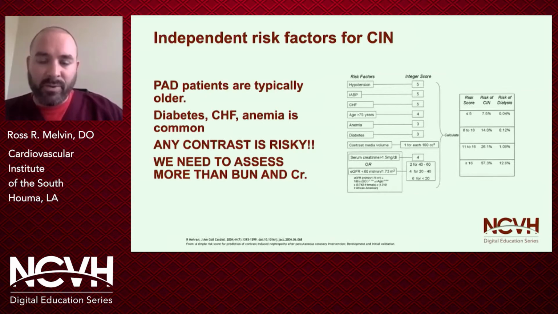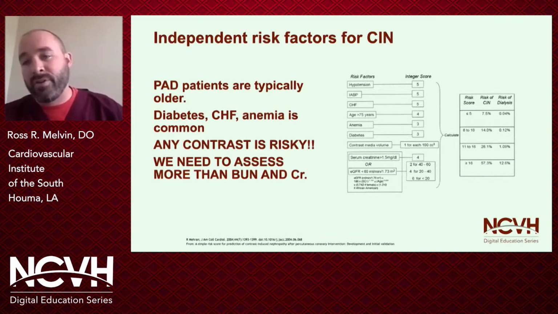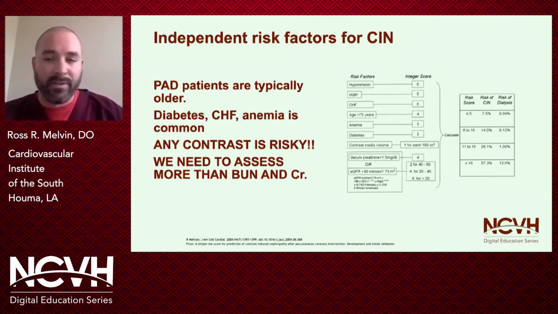So keep these risk factors in mind when you're seeing patients and delineating whether or not I can get away with CO2 angiography, should I use dye, or can I use a mixture of both to help lessen the risk of CIN in your patients. I think that is a good thing to do.